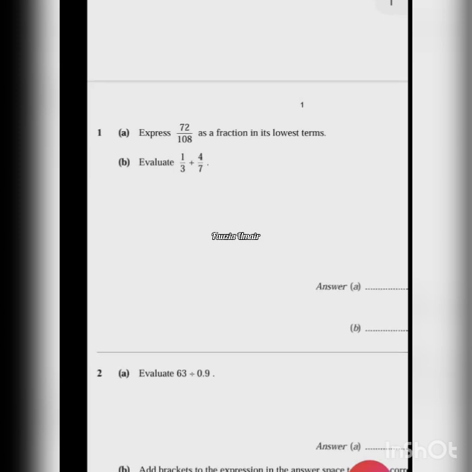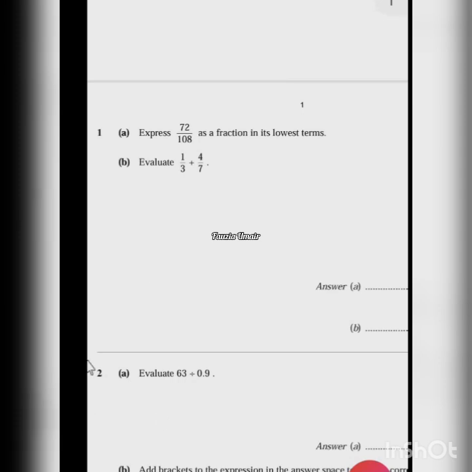Can you see the question? Yes, ma'am. All right. So these are questions, I have jotted down together. These are all from first 4 questions of P1.